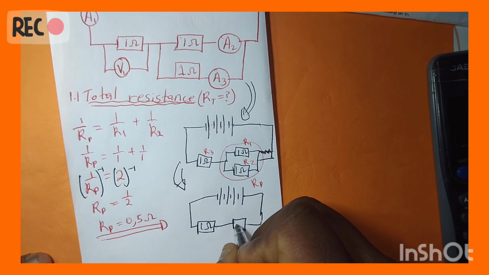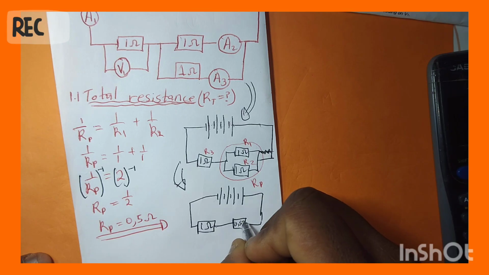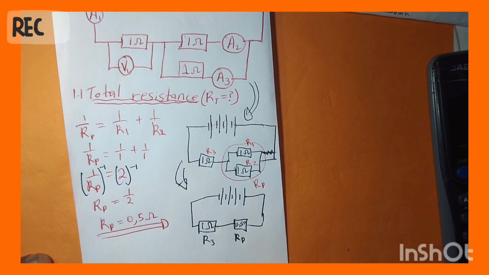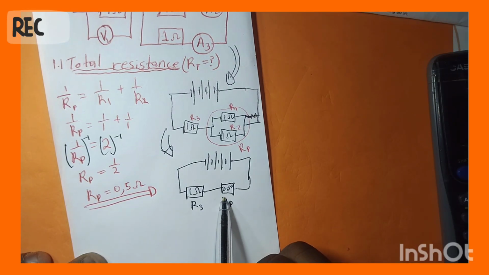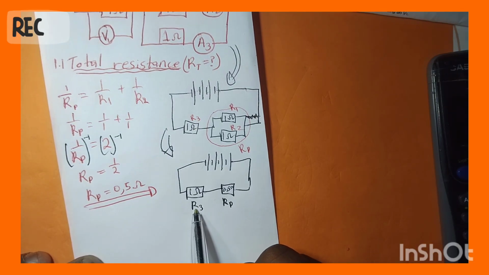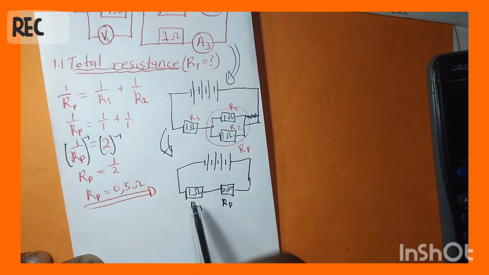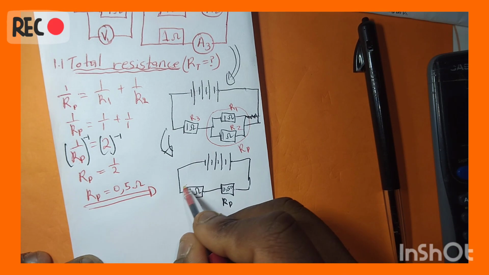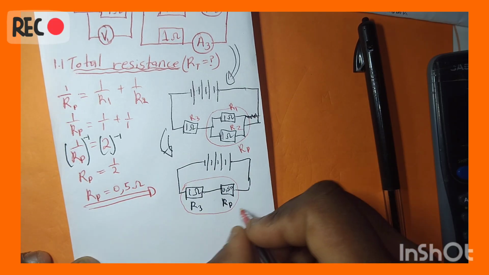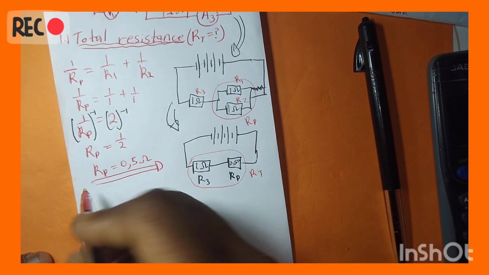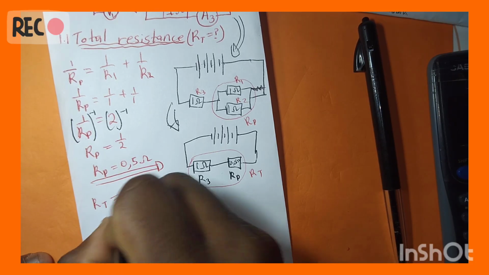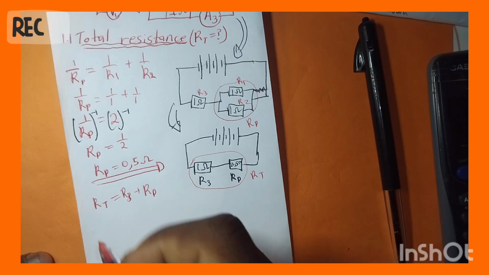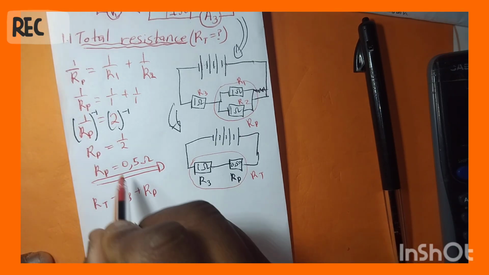So here I will have 0.5 ohm, which is RP, and this one is R3. Do you see? This one is 0.5, and that one is R3, which still didn't get affected. So now you can get a total resistance by combining both of those as your total, meaning your total resistance will be R3 plus RP, and that RP you already calculated, which is 0.5.